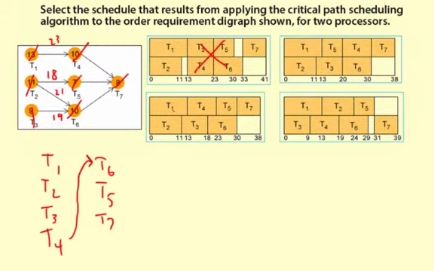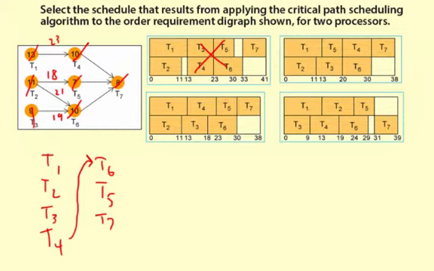Let's look at this next one down here. We have task 1 and task 2 starting at the same time. Task 3 starts after task 2 finishes, that's fine. And it doesn't depend on task 1 either, because it's first down here. It doesn't have to wait for anything else to finish. Task 4 starts after task 1, that's fine. And then task 6 starts after task 3, which is fine.